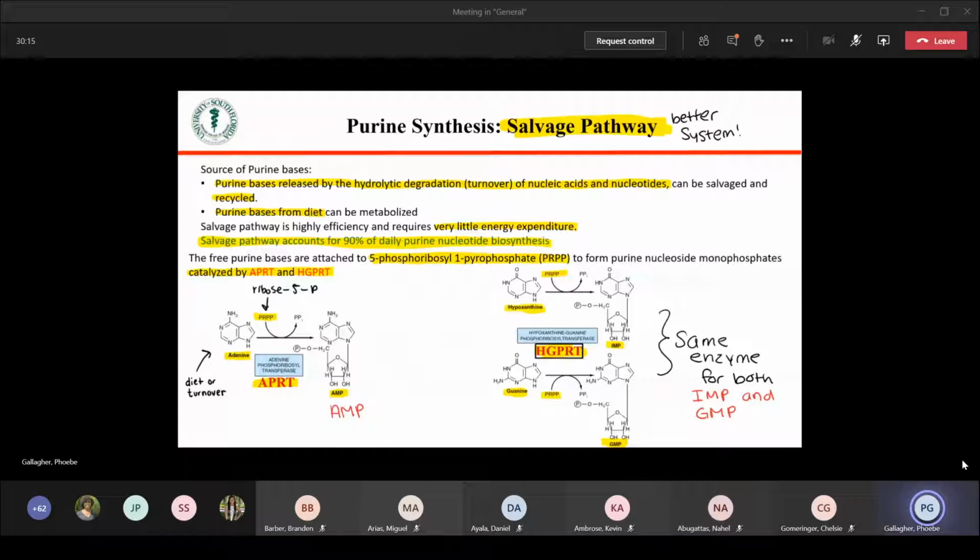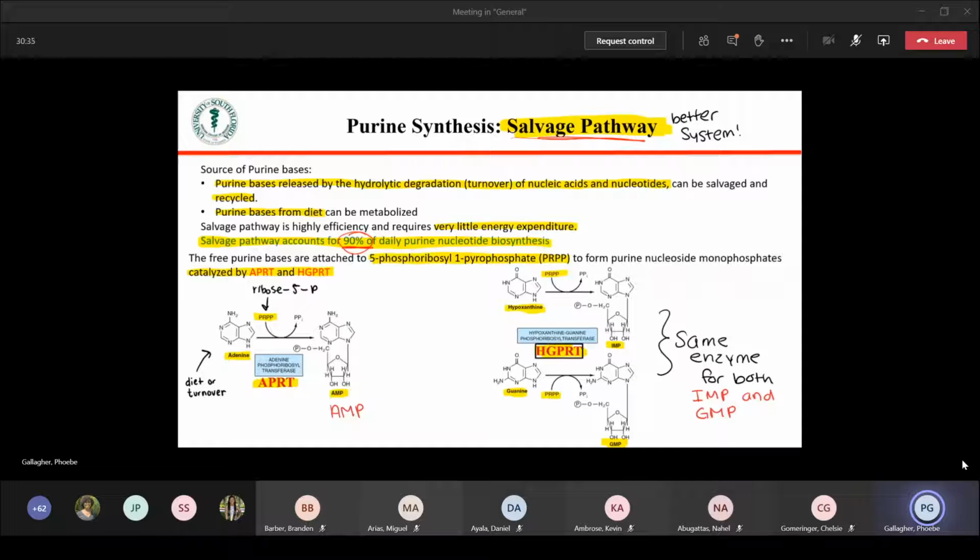Okay, so your body likes to use the salvage pathway because it uses less energy and it's just way easier. So 90%, and know this percentage because I think she made a big point of it. So 90% of your purine synthesis goes through the salvage pathway.